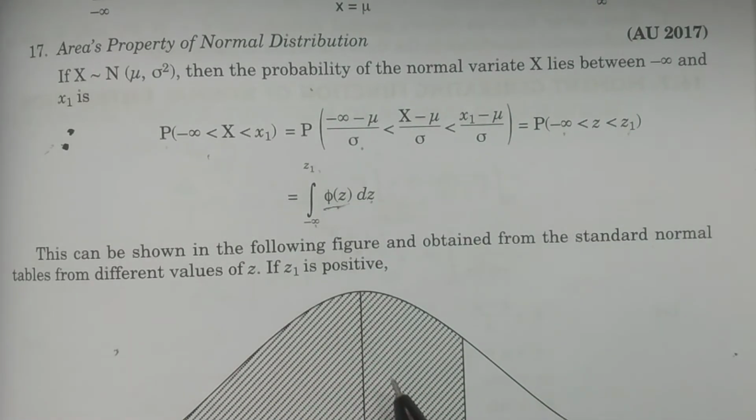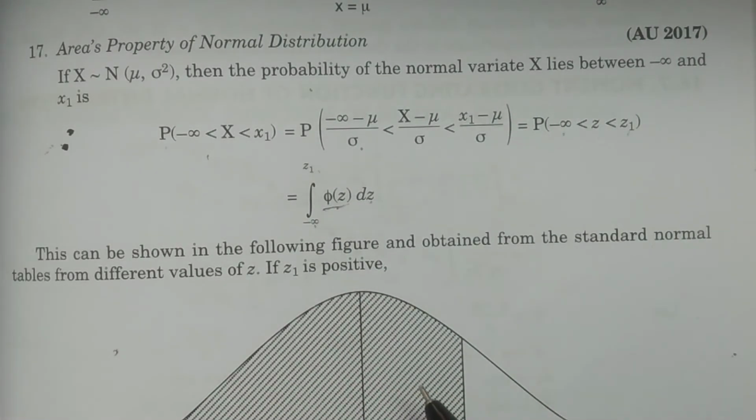What is phi of z? Phi of z is the probability density function of the standard normal distribution. Z is a standard normal variable or variate, and phi of z is the standard PDF of the standard normal distribution.